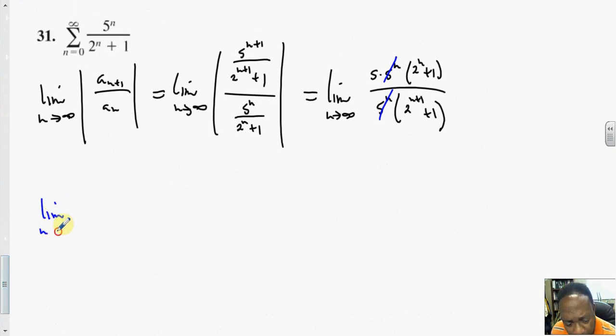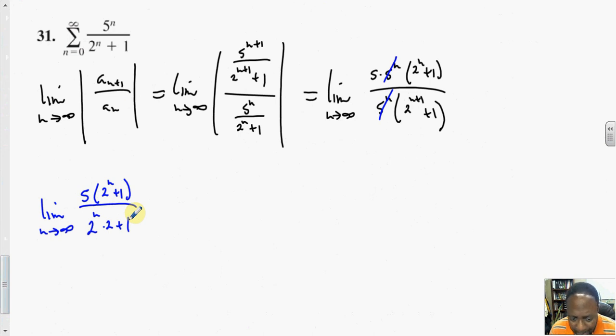So it leaves us with the limit as n goes to infinity of 5 times 2 to the n plus 1 all over 2 to the n times 2 plus 1. And now we examine this to determine the limit.